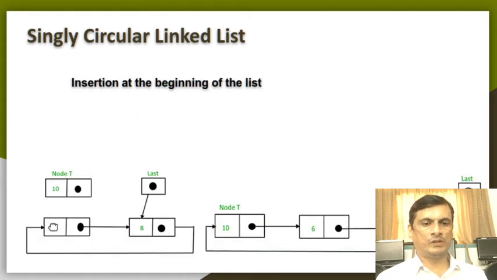But if you already have some nodes, here the last pointer is necessary, because you need to identify which one is my last node within this given circular linked list. So in this case 8 is my last and 6 is my first.